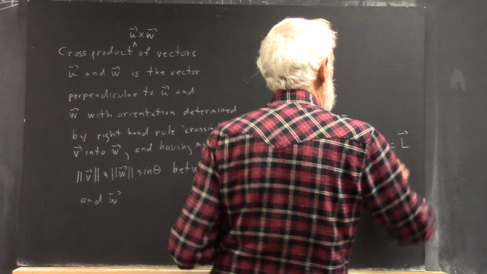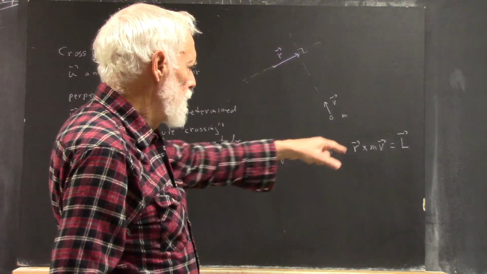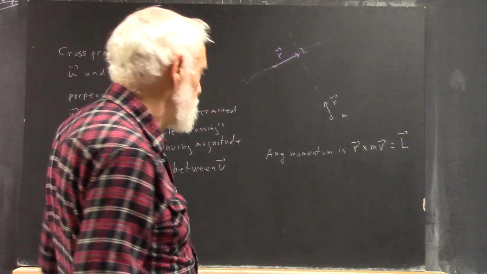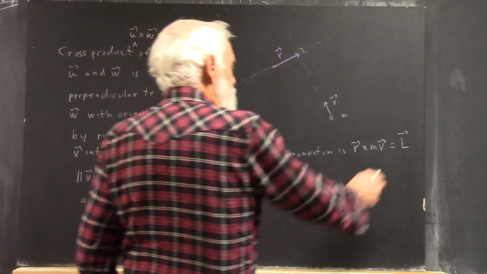There are various symbols that get used. L is one that's used kind of frequently for angular momentum.